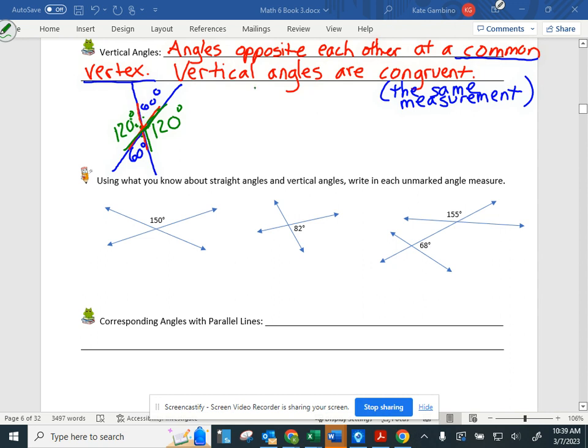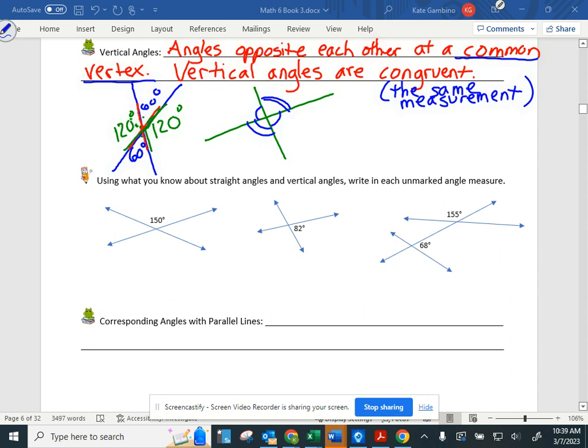So another example of that. Doesn't look the same. It's not just a straight X. It still follows the same rules. This angle is going to be congruent with this angle. These two angles are congruent with each other. When you see those lines like that, it means it's congruent.